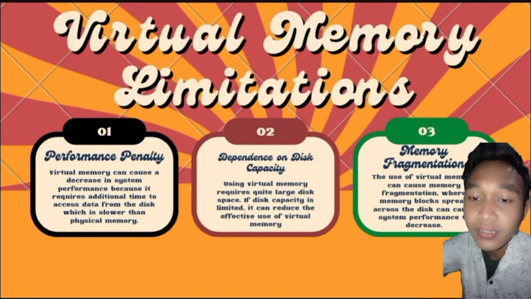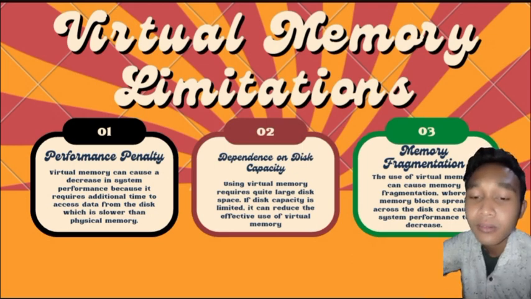A memory fragmentation example in editing is that during editing, project data can become fragmented in various locations on the hard drive, requiring the computer to search for and collect the pieces. This can cause delays when saving or opening project files, as the computer must search for and combine separate pieces of data. Thanks from me and wassalamualaikum warahmatullahi wabarakatuh.